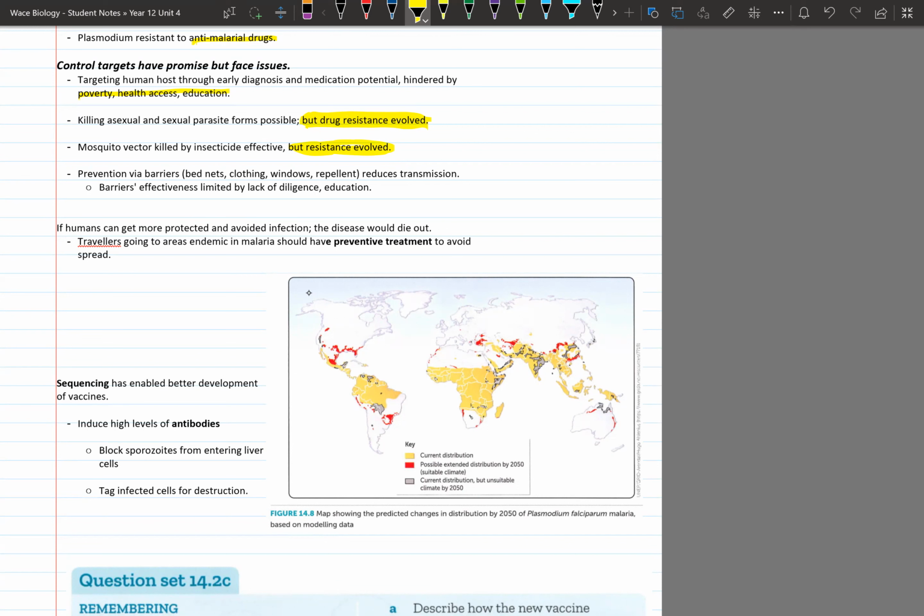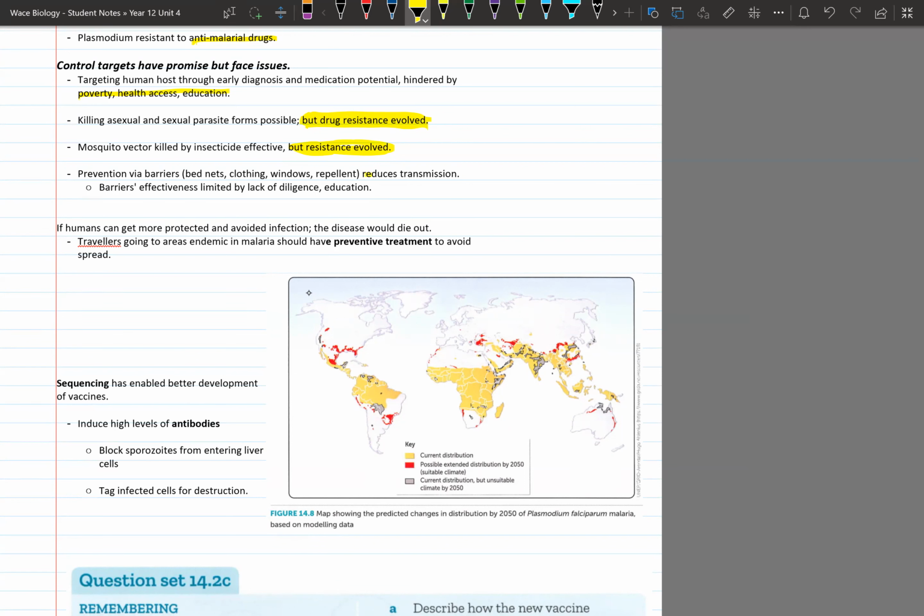So they have little nets that they put over their beds. They're like little Cinderella nets. Have you guys seen that? It covers their whole bed, so they're protected from mosquitoes. Maybe if you've gone backpacking or camping, you would use this. But it works: bed nets, closing your windows, repellents.